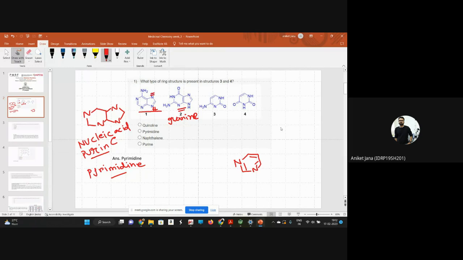Okay, so the common pyrimidone structure can be written like this. If you observe, there is a carbonyl group, so it is a derivative of pyrimidine which is called pyrimidone.